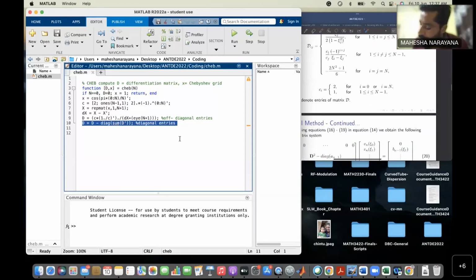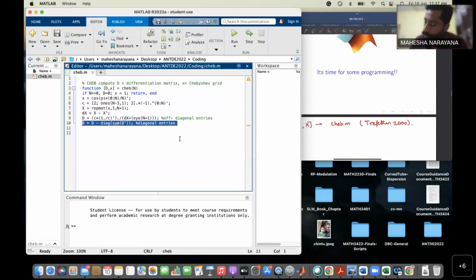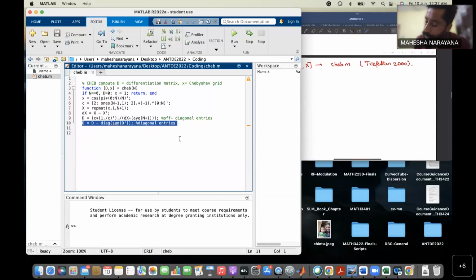So remember, this function returns both differentiation matrix as well as collocation points, and we will take them as output of this function. And yeah, our main function, SLM function or SLM M file. So for SLM, what are the things that we want? We need to decide upon what is n, the number of collocation points.